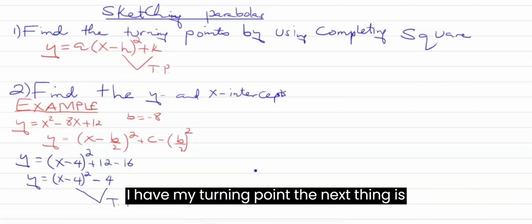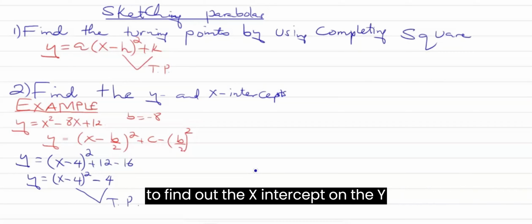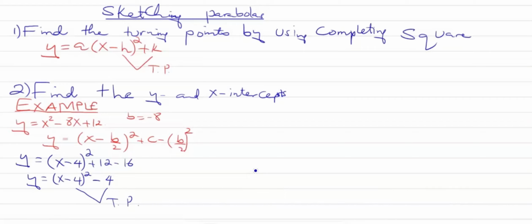Once I have my turning point, the next thing is to find the x-intercept and the y-intercept. Our function was this.